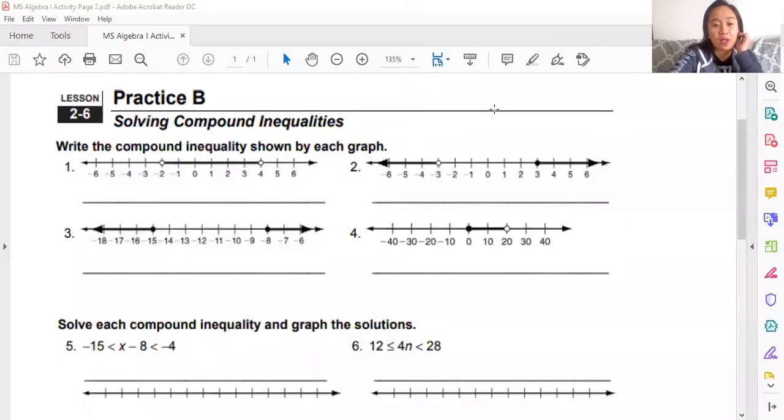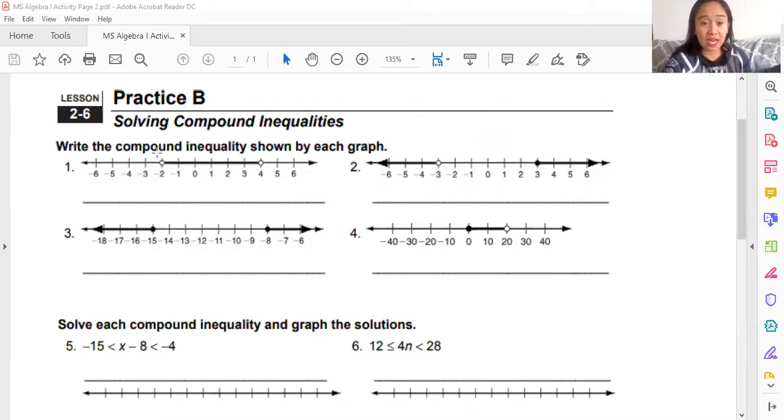Now let's try activity page B. So let's do page 2, which is practice B. So for example, you have this. Kindly look at your practice B. Look at number 1. You're given a graph, and then you're going to write the compound inequality.